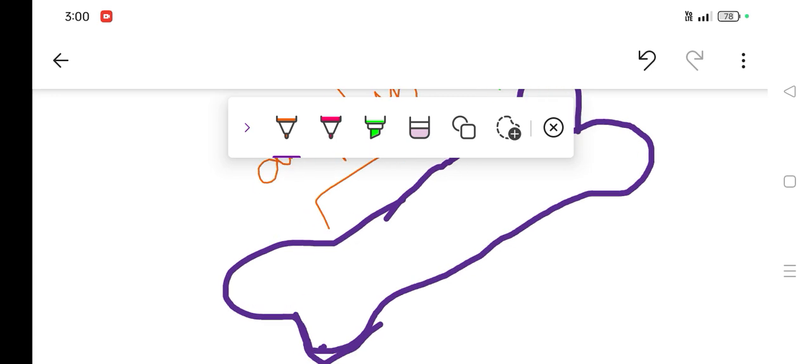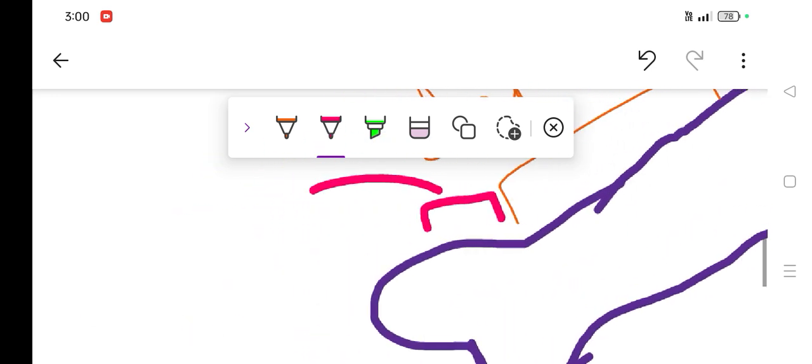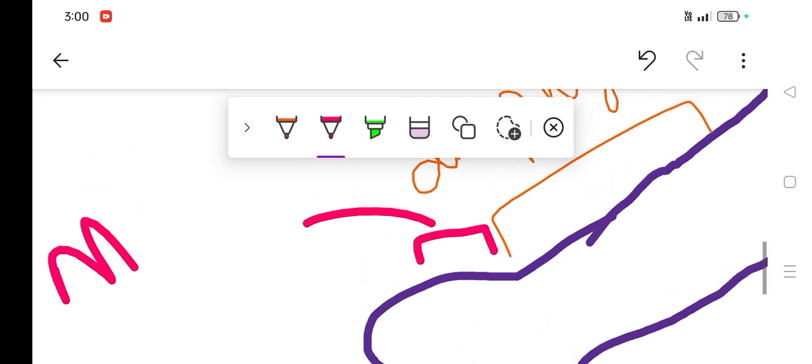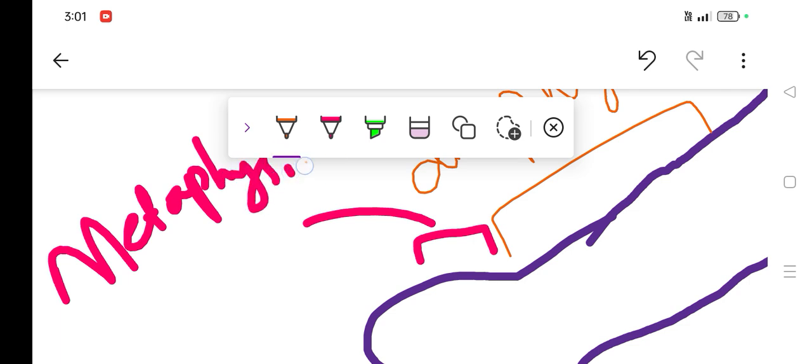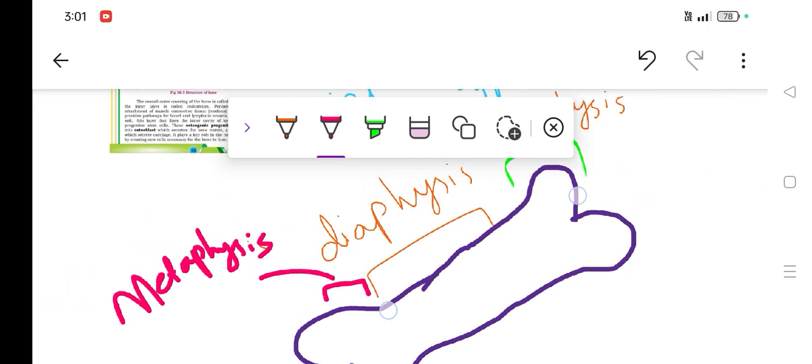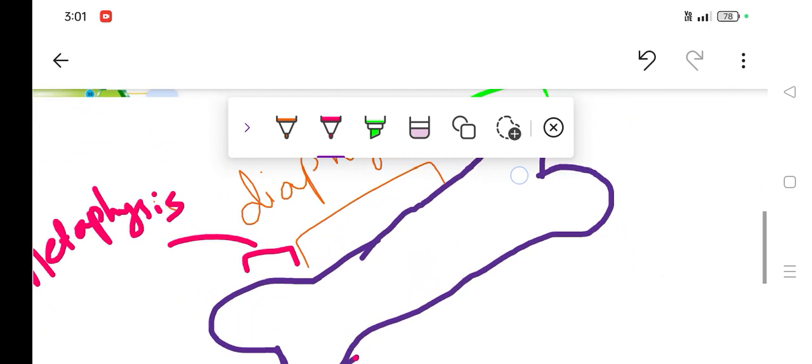And this space here is called the metaphysis. I hope it is very clear. These three structures have different functions, and we'll discuss that as well.